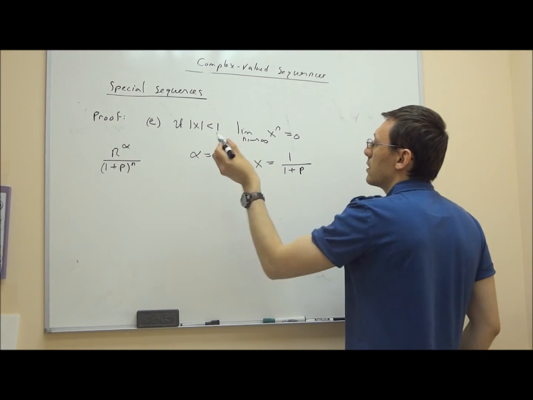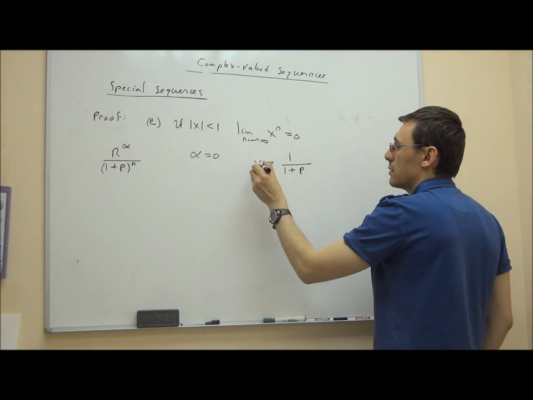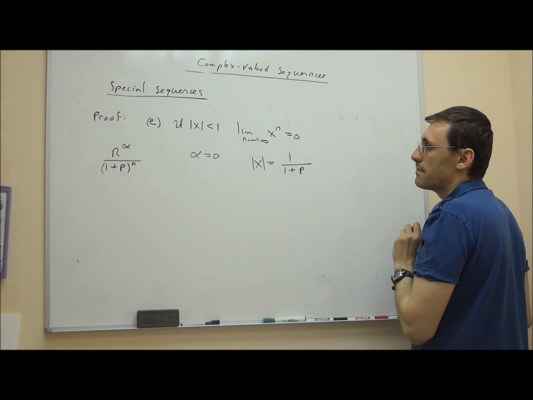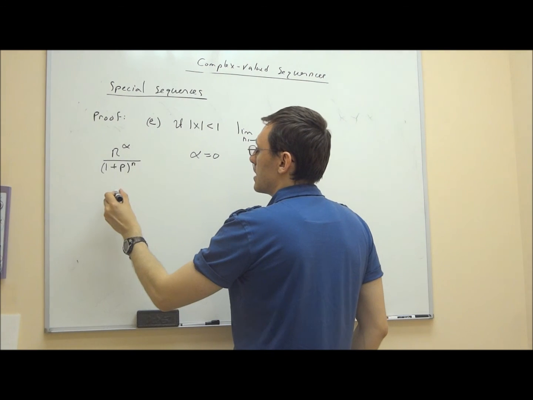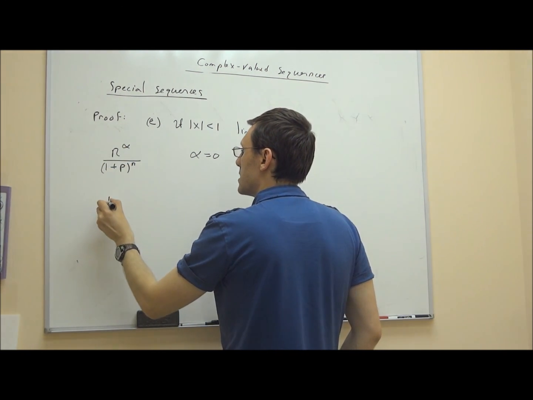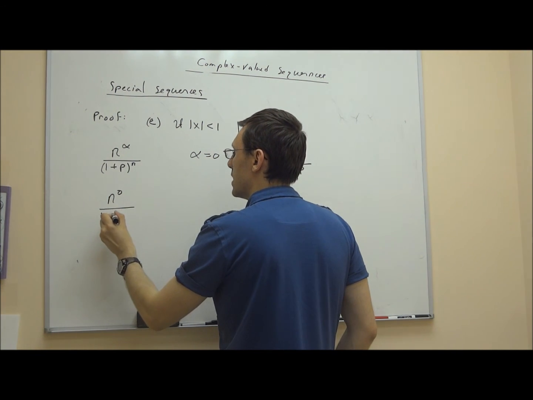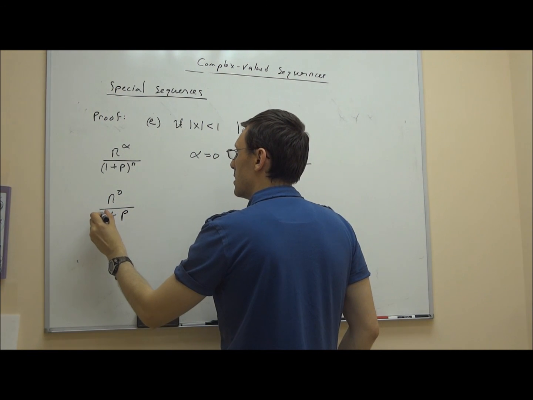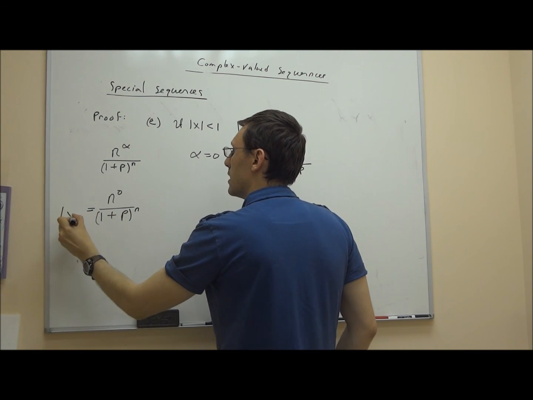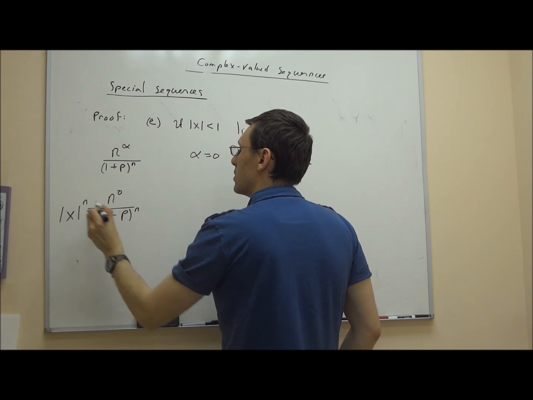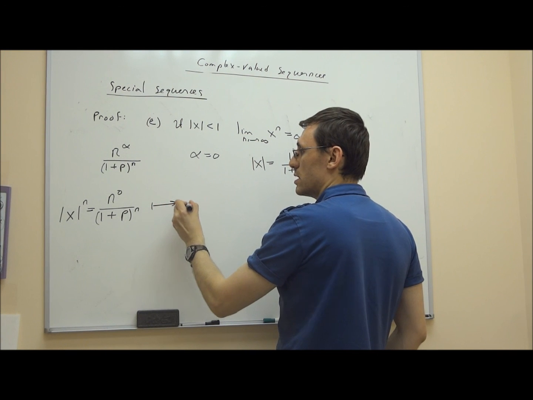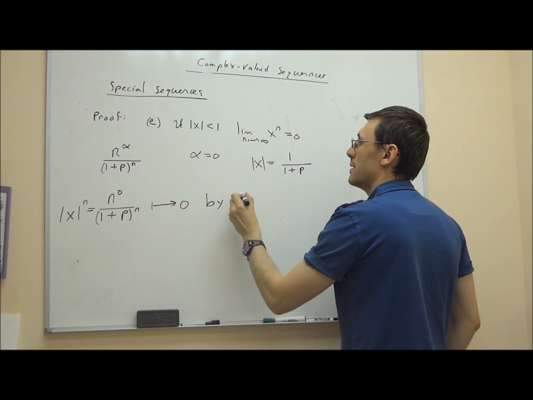So any number smaller than 1, any positive number smaller than 1, I should say, absolute value of x, can be written as 1 over 1 plus p. So if alpha is equal to 0, then by part A, we have that this is n to the 0 divided by 1 plus p to the n. That's equal to the absolute value of x to the n. And as we have shown before, this goes to 0 by part D.